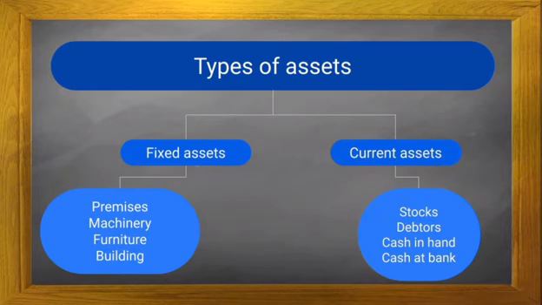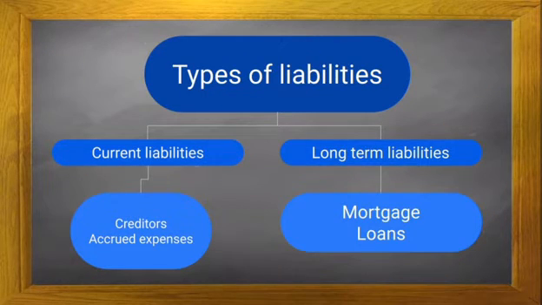There are two types of assets, fixed and current assets. Fixed assets are those assets that are bought to be used in the business and not primarily for resale, while current assets are those assets that can be easily turned into cash. Liabilities are categorized into two categories: current liabilities and long-term liabilities.